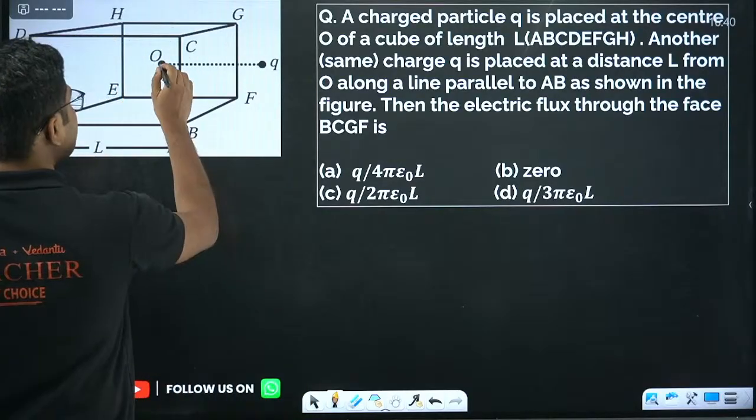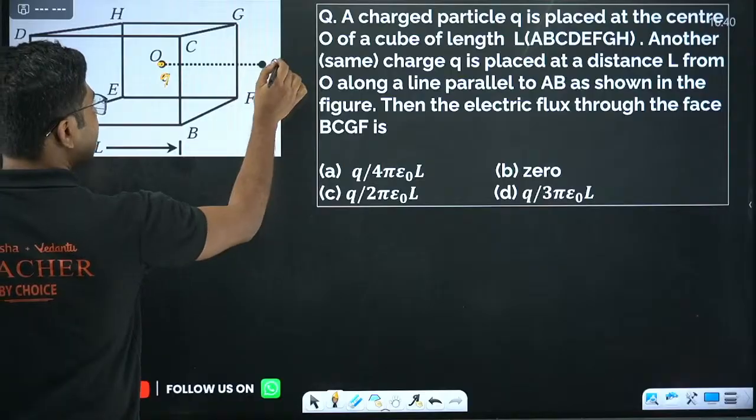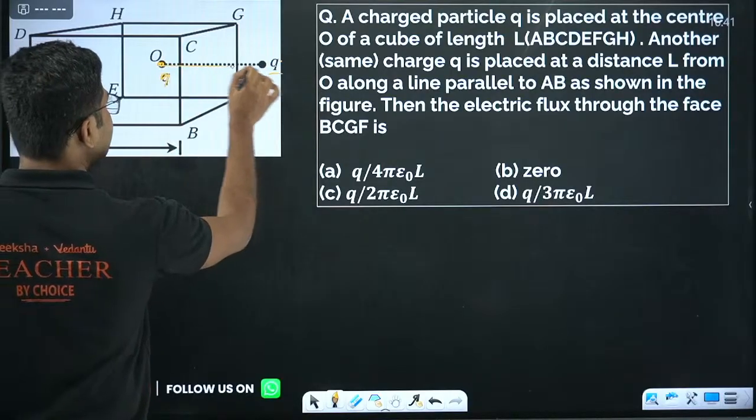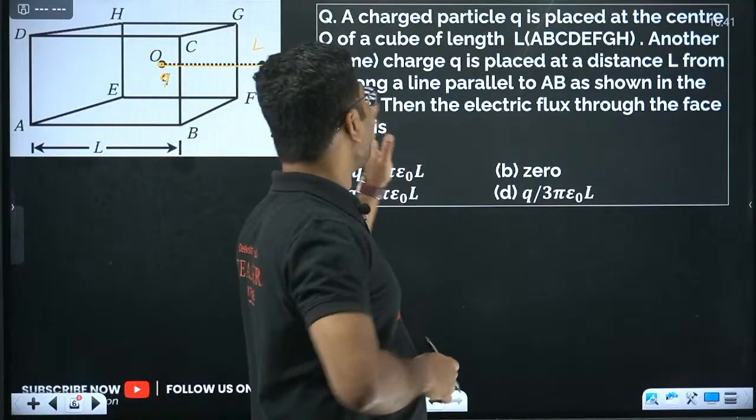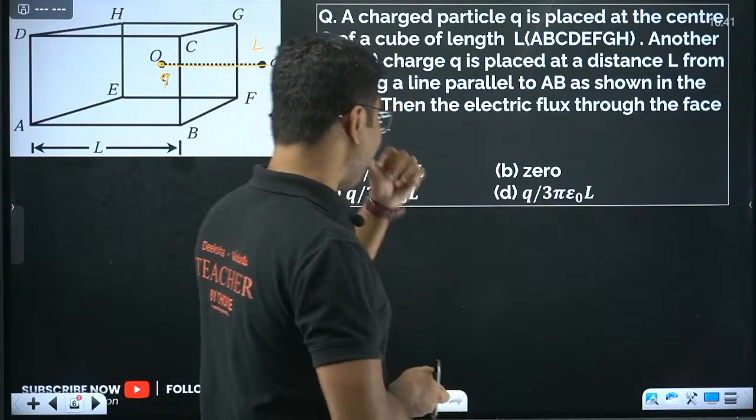So this charge is q at O, this charge is q, and this distance is L, from O along the line joining to AB as shown in the figure.